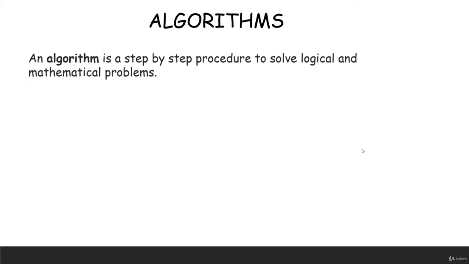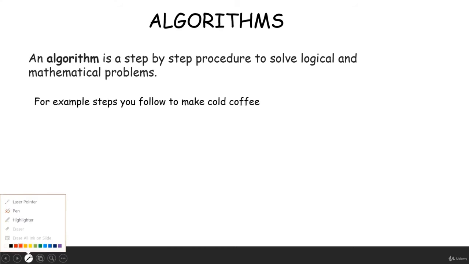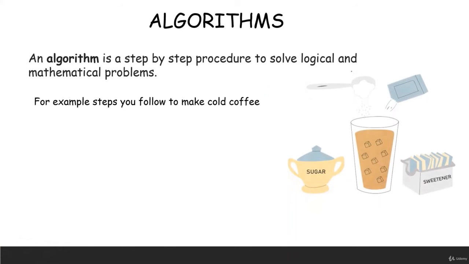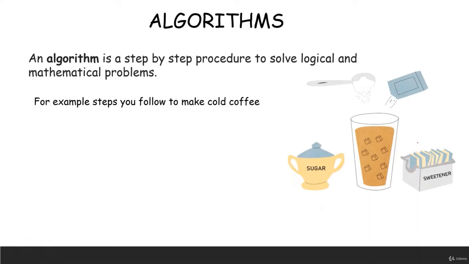Algorithms. What are algorithms actually? Algorithm is a step-by-step procedure to solve logical and mathematical problems. Step-by-step procedure means, let's take an example of the steps you follow to make cold coffee, right? You make cold coffee by using sugar, sweetener, coffee powder, and many more things like ice cubes.